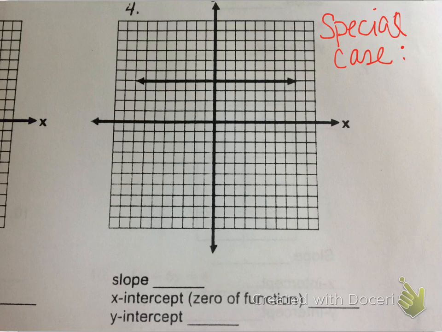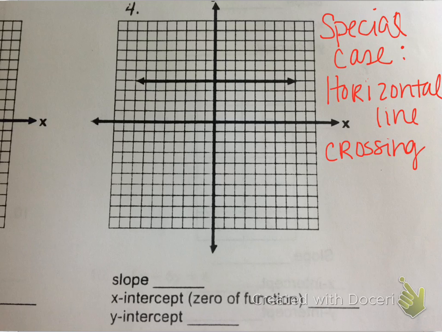Okay, my second type of special case is a horizontal line. This one is a horizontal line, so therefore it tells me that I am crossing on the y-axis. So that means I have to have y equals some number.